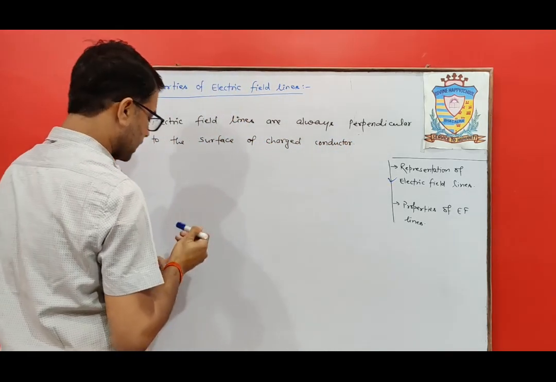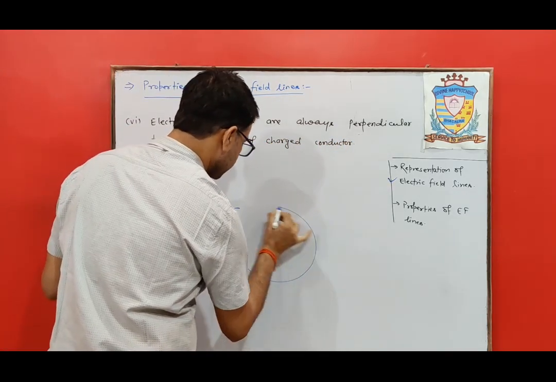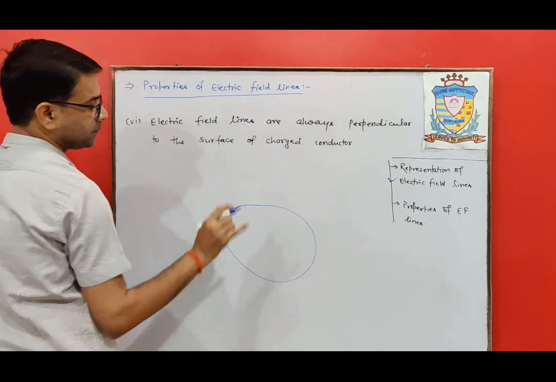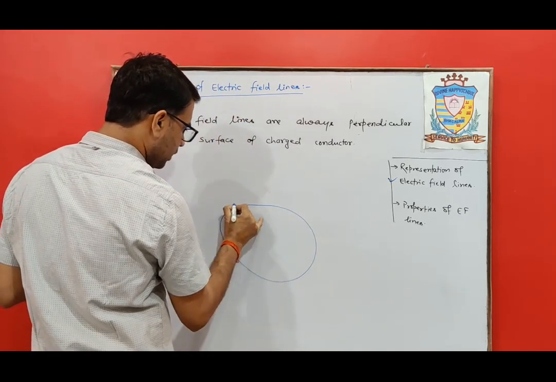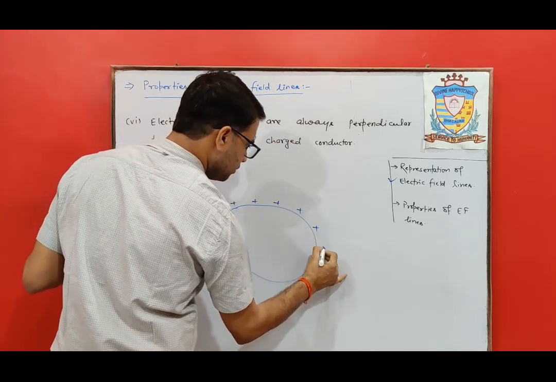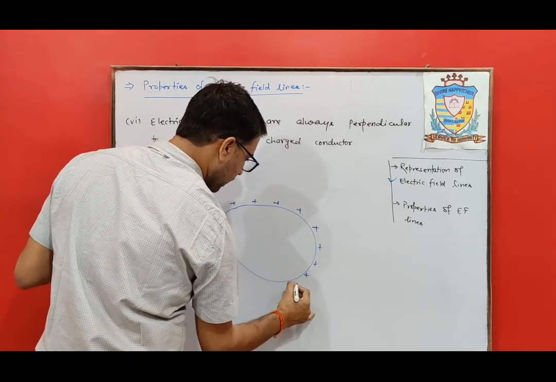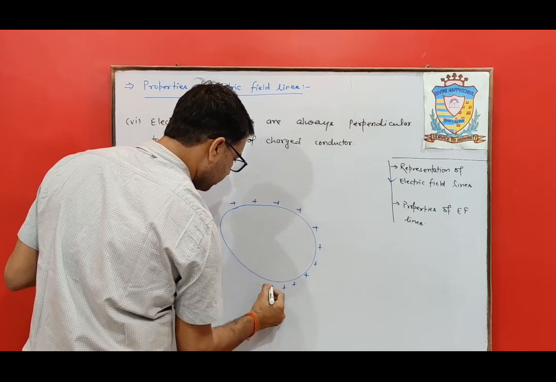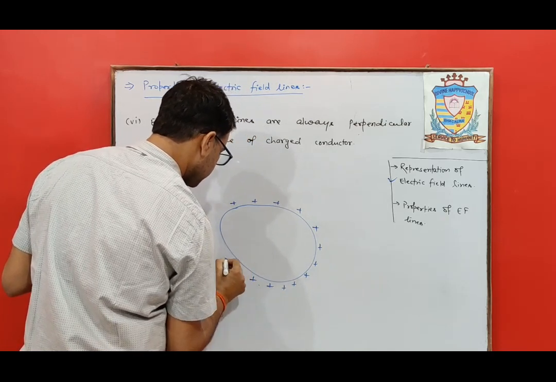Suppose we have a charged conductor like this, and suppose positive charge is distributed on the surface of this conductor.